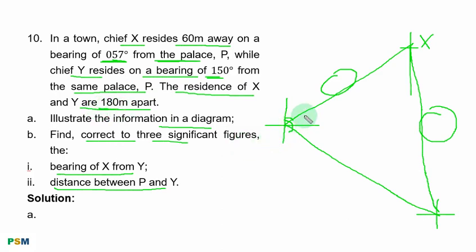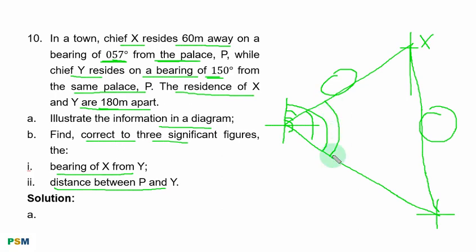From here, we can get this angle. From here to this point is 57 degrees. Then from here to this point, 150 degrees. What becomes this angle? That is 150 degrees minus 57 degrees.